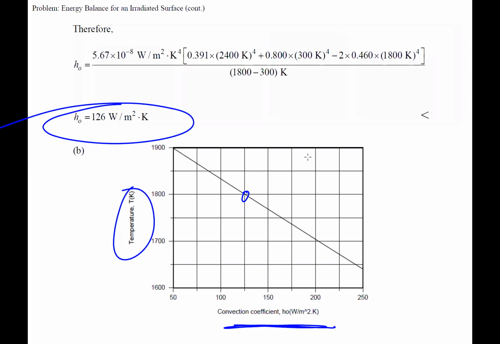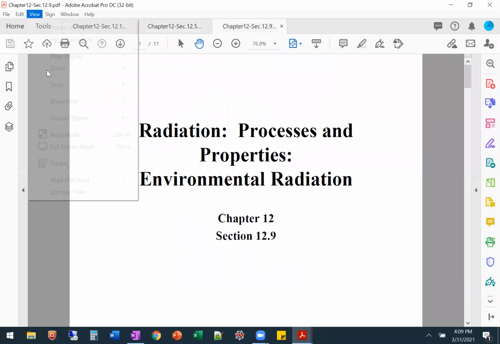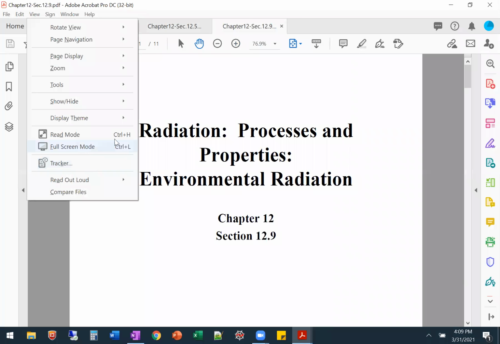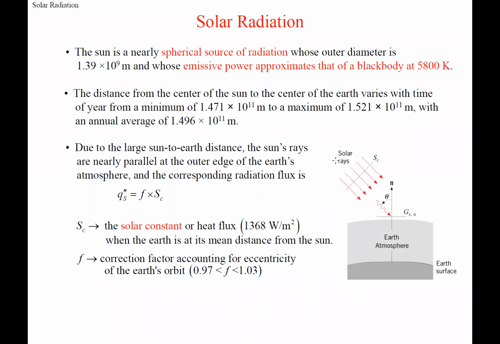Okay, so there's one little set of slides we'll get through today, and then we'll do an example next class. This just takes what we learned in these other slides and applies it to some of the specifics for solar. We've talked a lot about what's in here already, so I'll be able to go fast. Solar radiation, we already talked about it, right? It's like a black body at 5800 Kelvin.